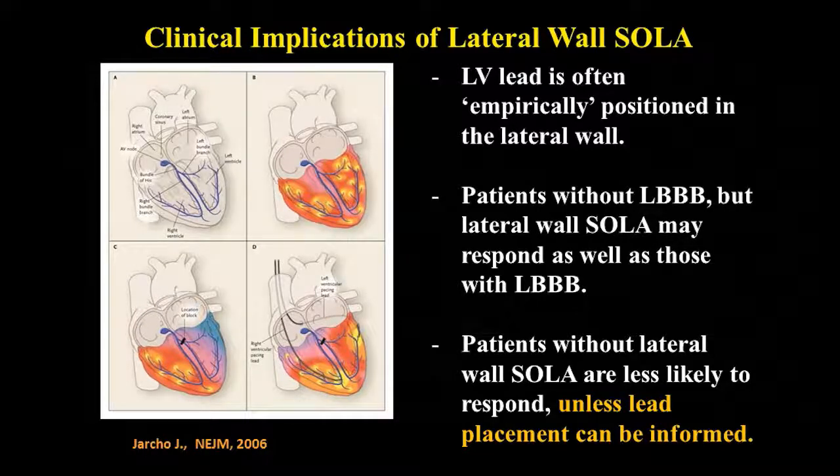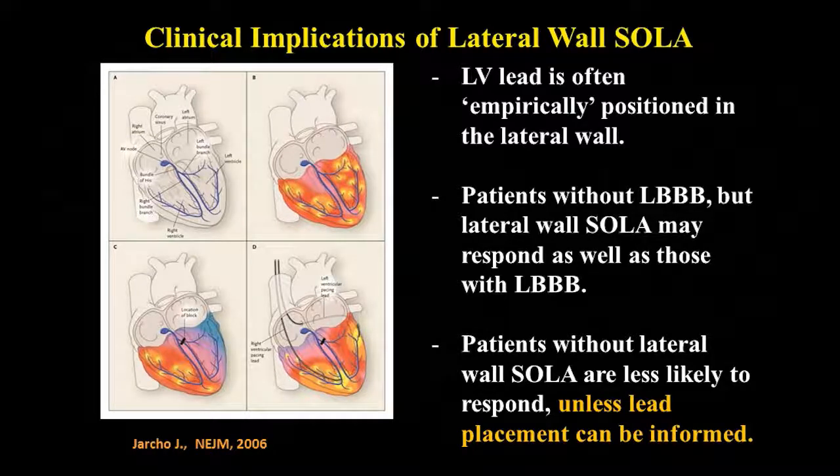So patients without left bundle branch block, but site of latest activation in the lateral wall may respond as well as those who have a left bundle branch block. However, patients without left bundle branch block and without the site of latest activation in the lateral wall will not respond to CRT unless you can guide the placement of the left ventricular lead.